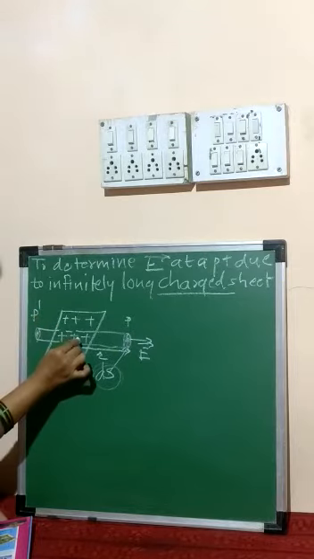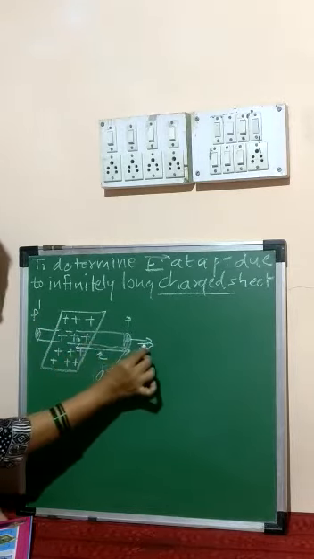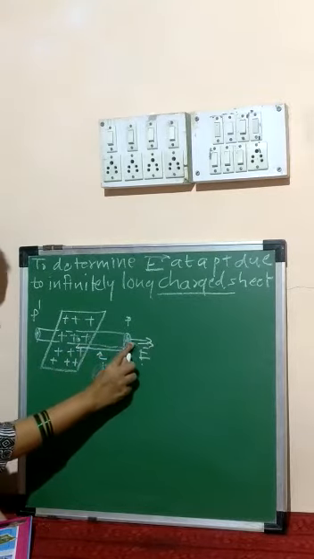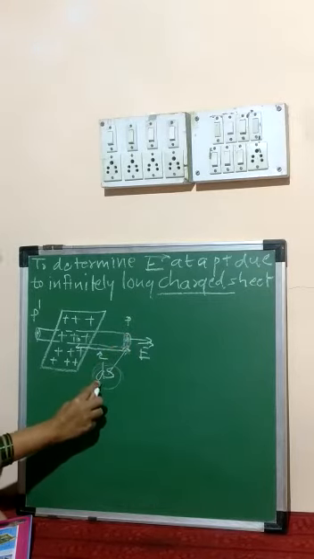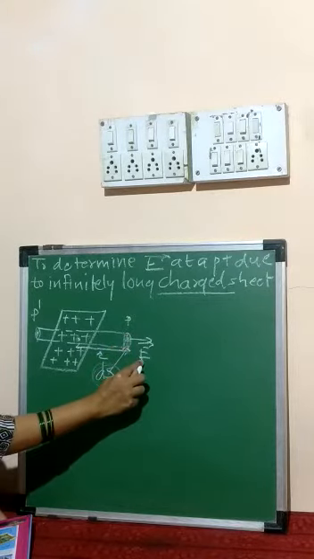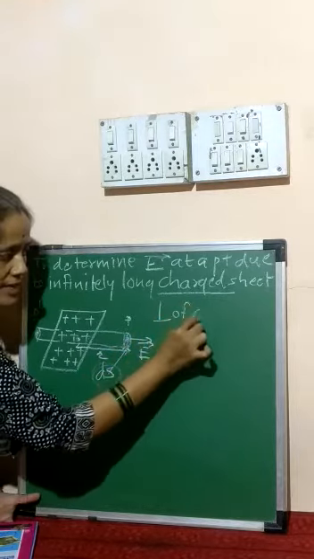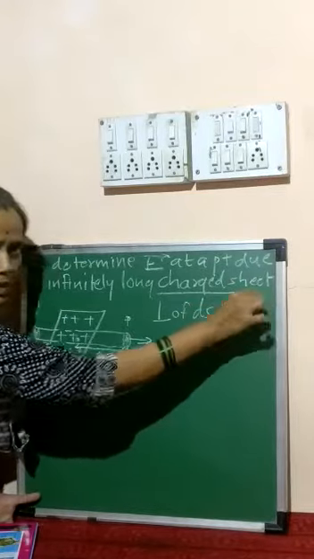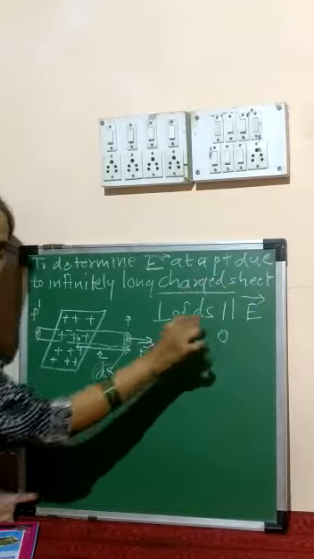Now from this positive charge, whatever lines of force will start, it has a direction of electric intensity. The direction of electric intensity and the perpendicular component of ds are parallel to each other. Therefore, the angle between them, theta, is equal to 0.